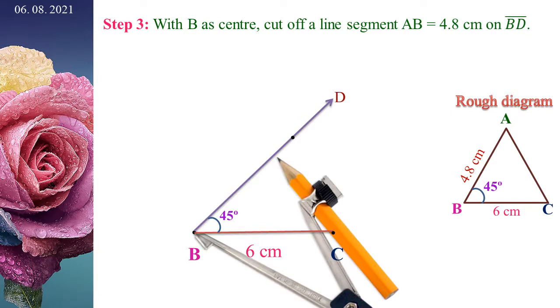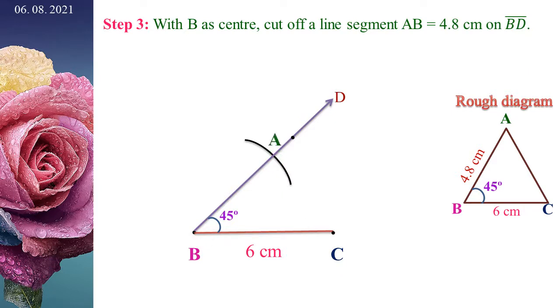Using a compass with pencil, take a measure AB equal to 4.8 cm. B as center, radius 4.8 cm, draw an arc to intersect BD at A. The measurement is 4.8 cm.